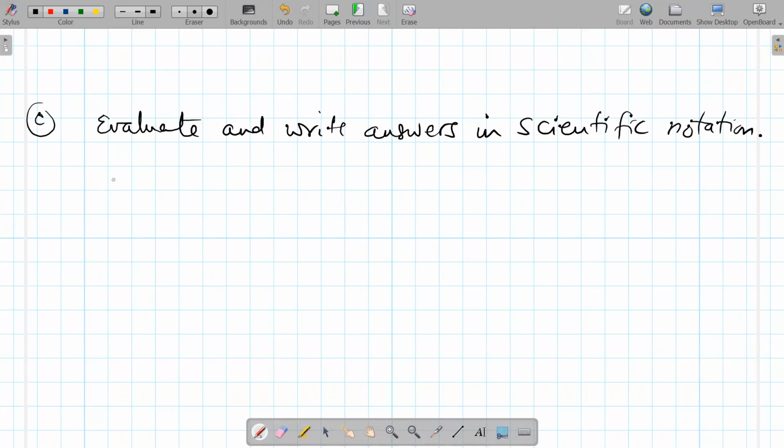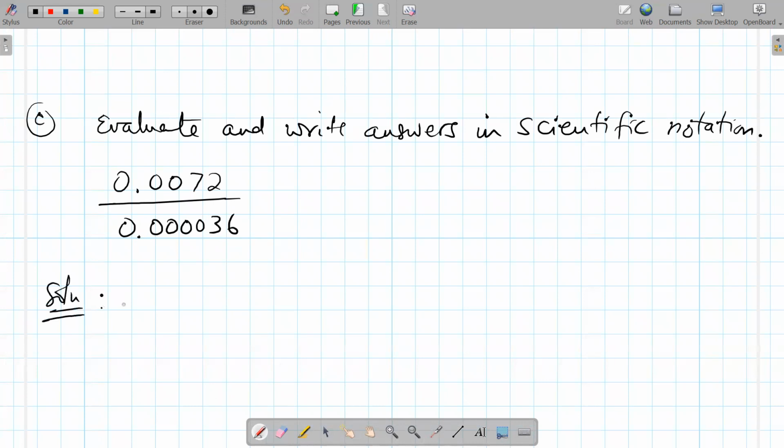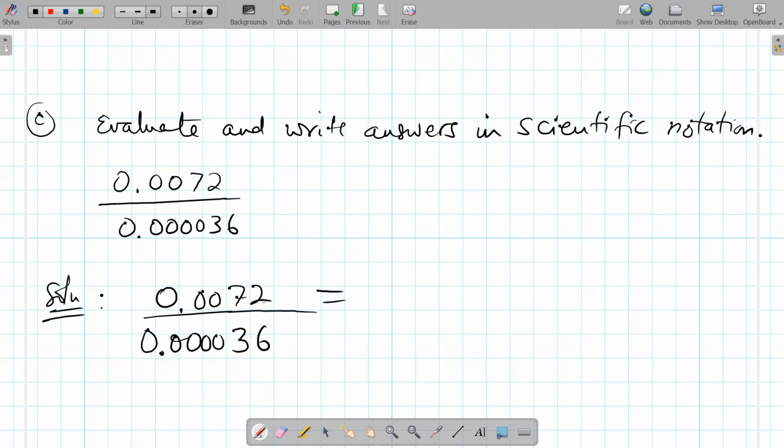So I have 0.0072 divided by 0.000036. So let's look at it carefully here: 0.0072 and 0.000036. I'm going to change these into scientific notation.